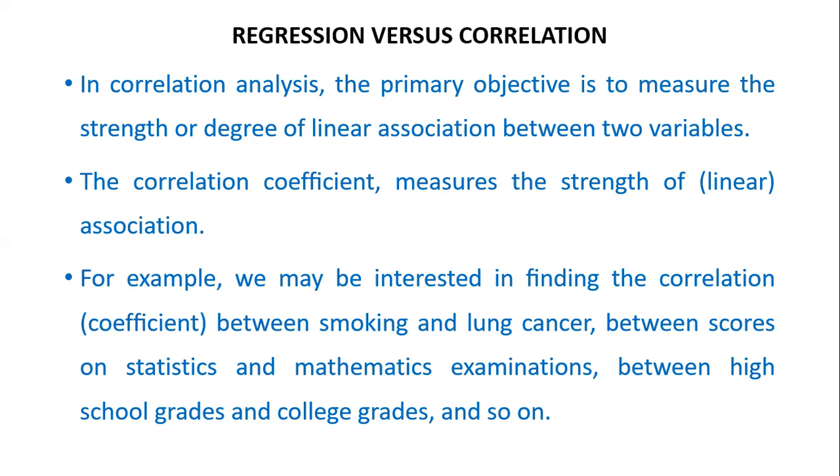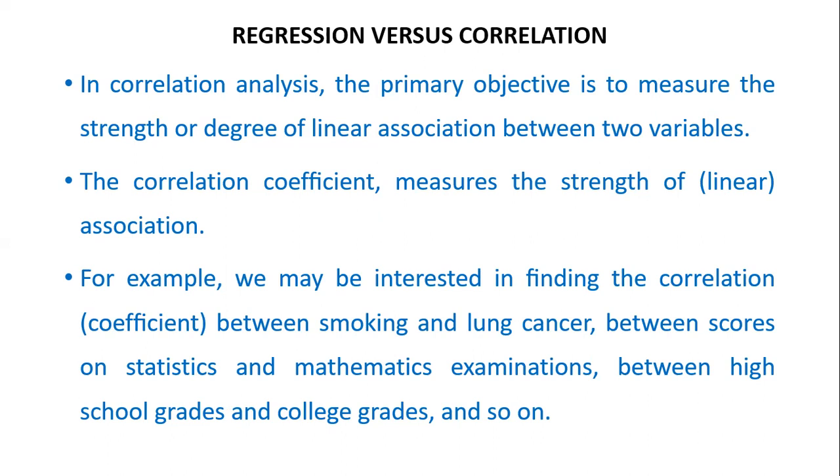If you are looking at simple correlation analysis, we are dealing with linear association between two variables. If you are dealing with correlation among more than two variables, we are dealing with multiple correlation analysis. Or at times, we may be dealing with partial correlation analysis.